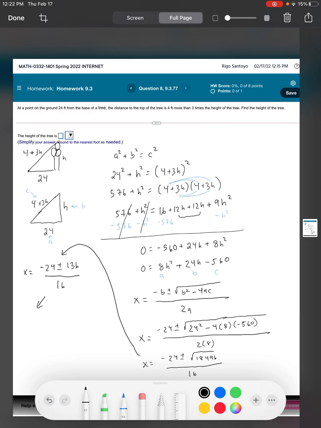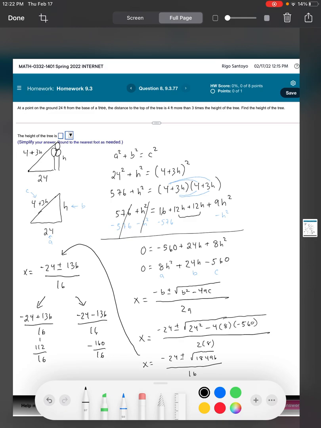Now from here we get two separate things: negative 24 plus 136 over 16, and negative 24 minus 136 over 16. The top of the first one is now 112 over 16, and on the other side it is negative 160 over 16.